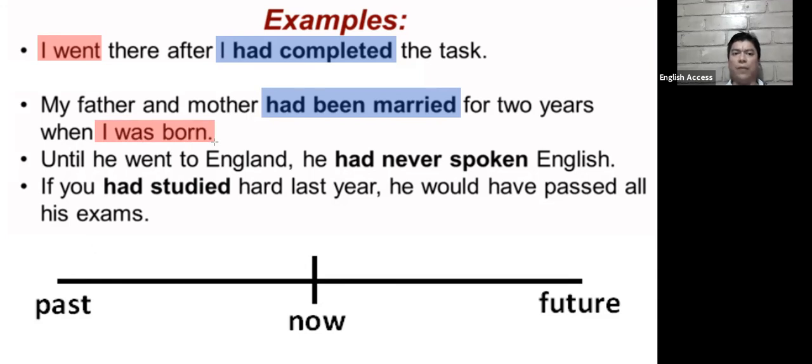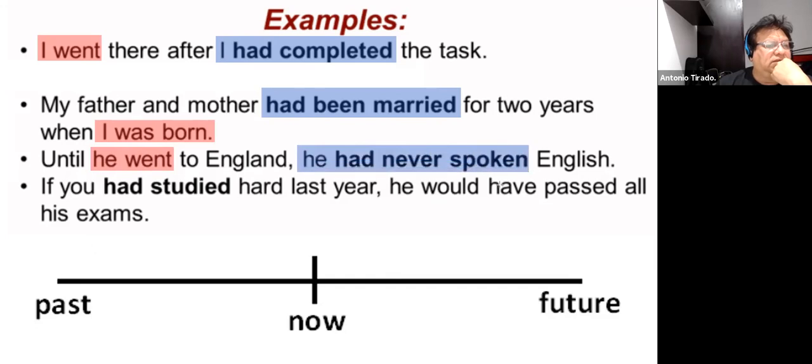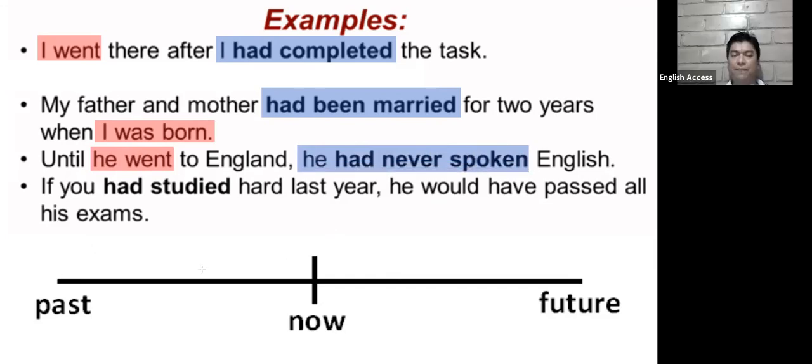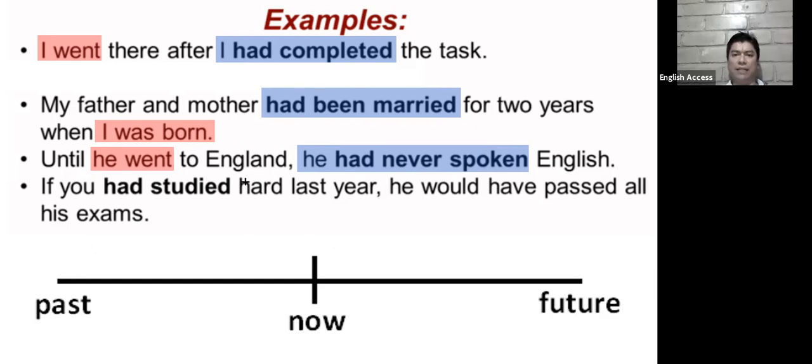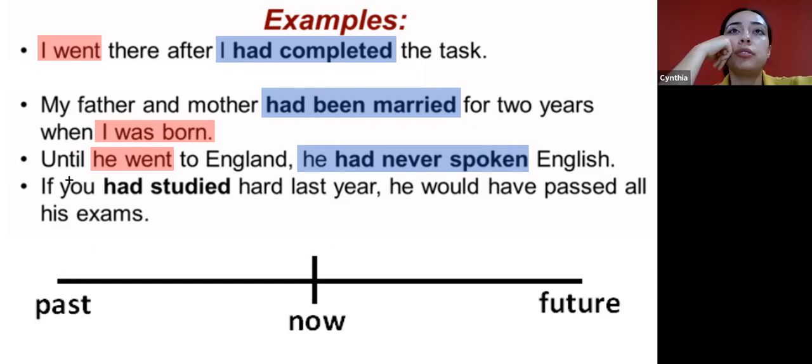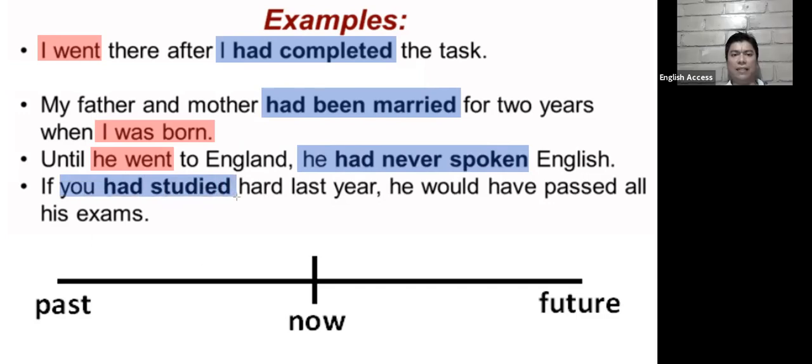The next one: until he went to England, he had never spoken English. He went is the most recent event, and the older event is he had never spoken. And then: you had studied hard last year.